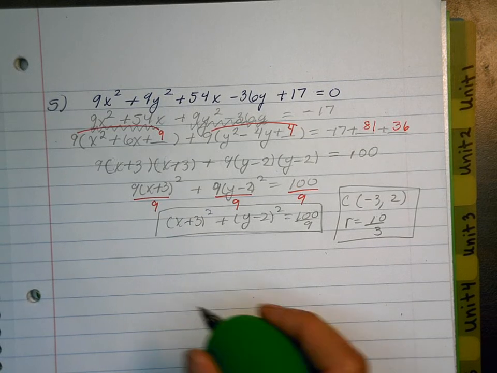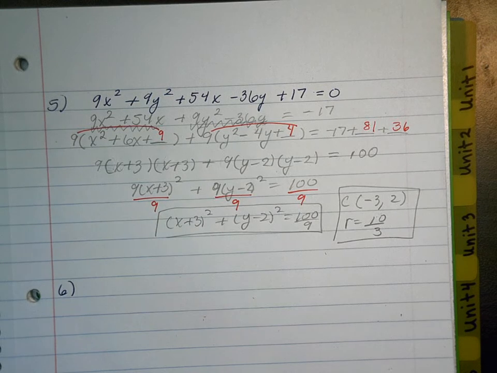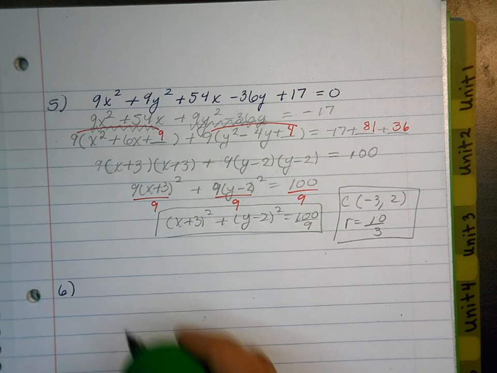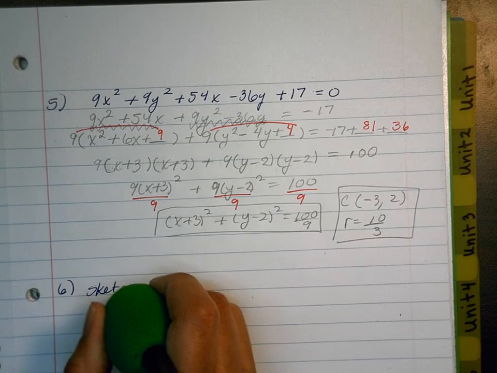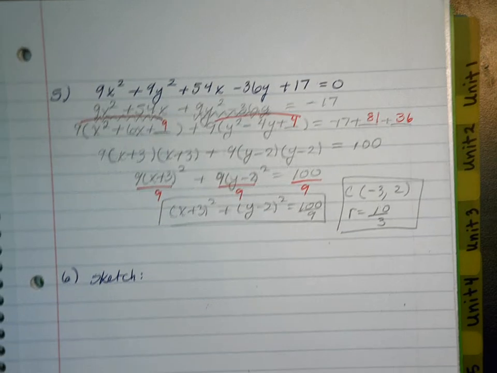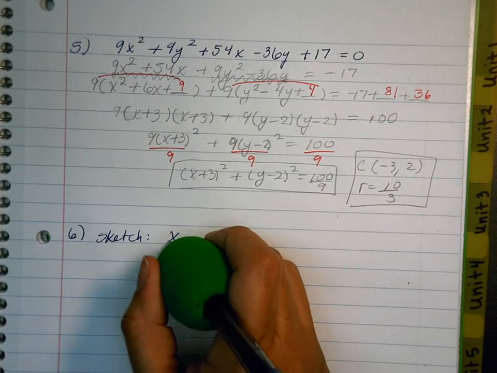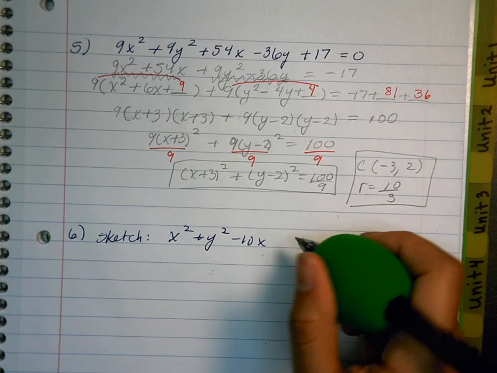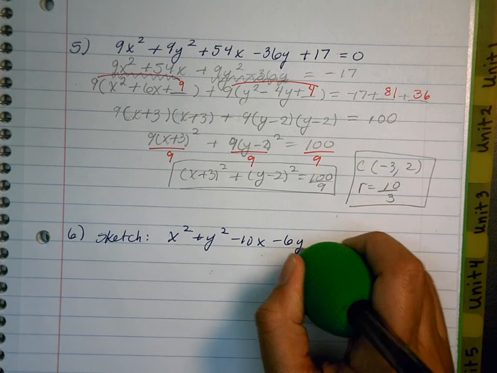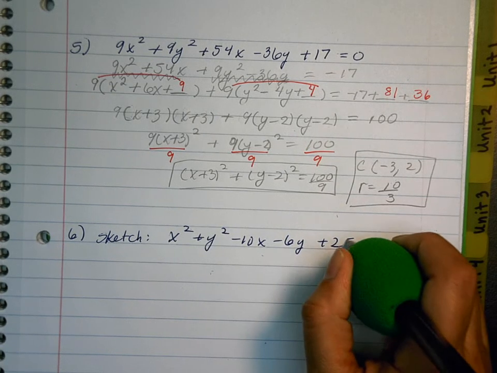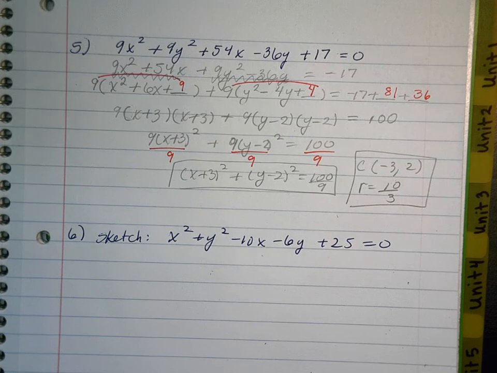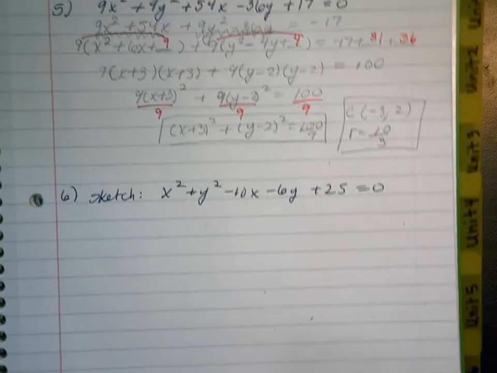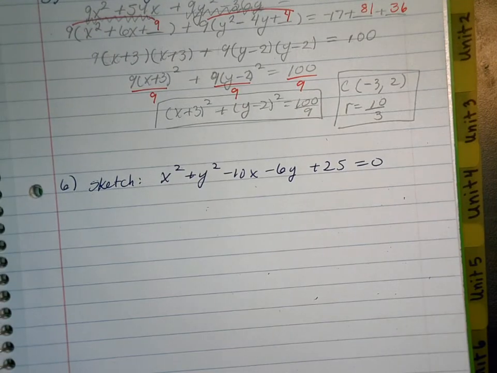All right, last one, we're going to do the same thing, but we're also going to sketch. And it's a little bit easier, you'll see why. X squared plus y squared minus 10x minus 6y plus 25 equals 0. I'm going to regroup.